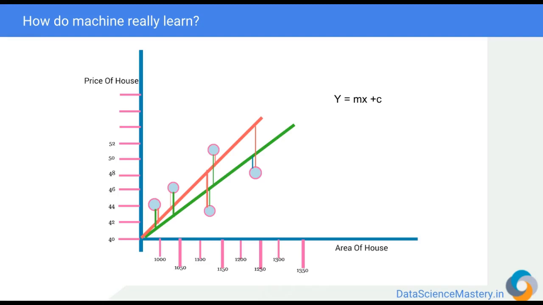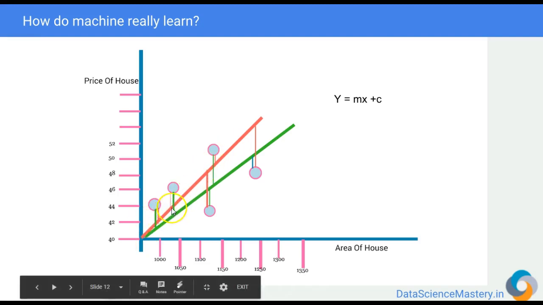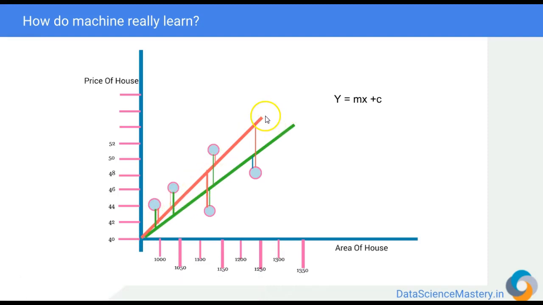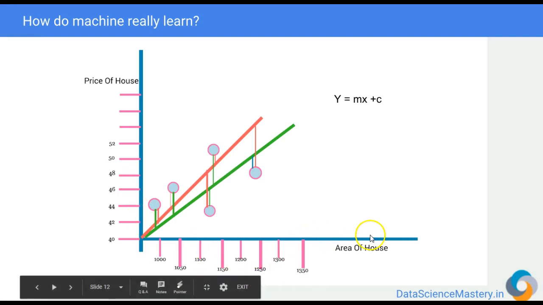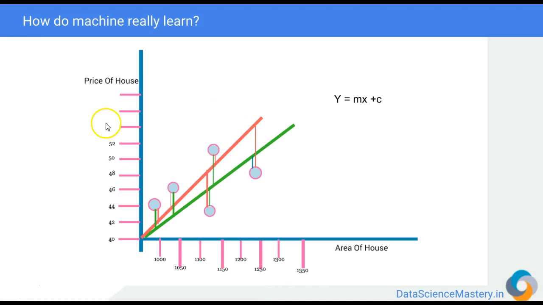So to clarify, let's say we have picked a line, this red line, as the one which represents a model. Then if we want to predict the price of a house and we know the area of the house, all we need to do is give the area of the house to this line and get its price.